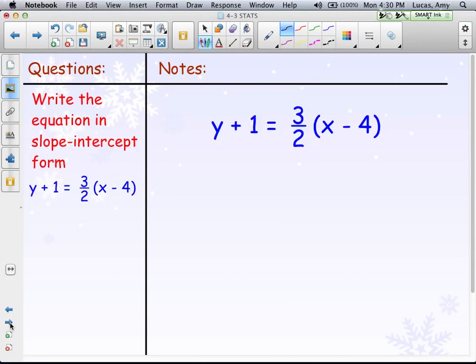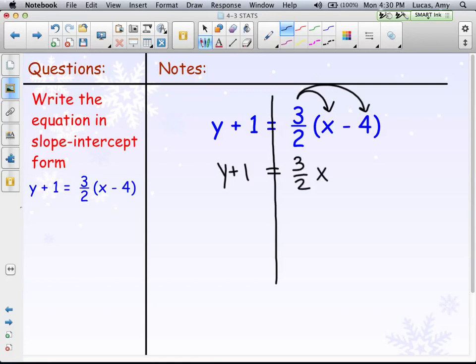Oh, here we go, a fraction. All right, 3 halves. We need to distribute 3 halves, so y plus 1 equals 3 halves x, and 3 halves times negative 4, I'm going to put a 1 under it, negative 4 over 1. I can either multiply straight across, or I could cross reduce, cross cancel.